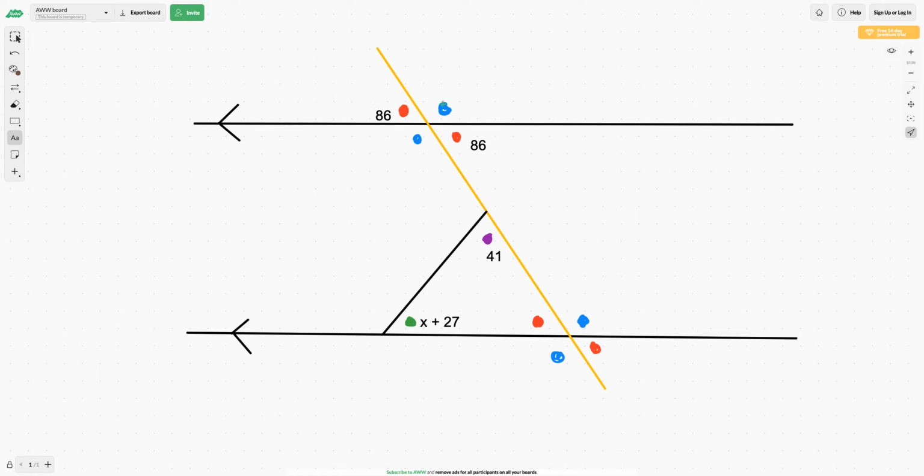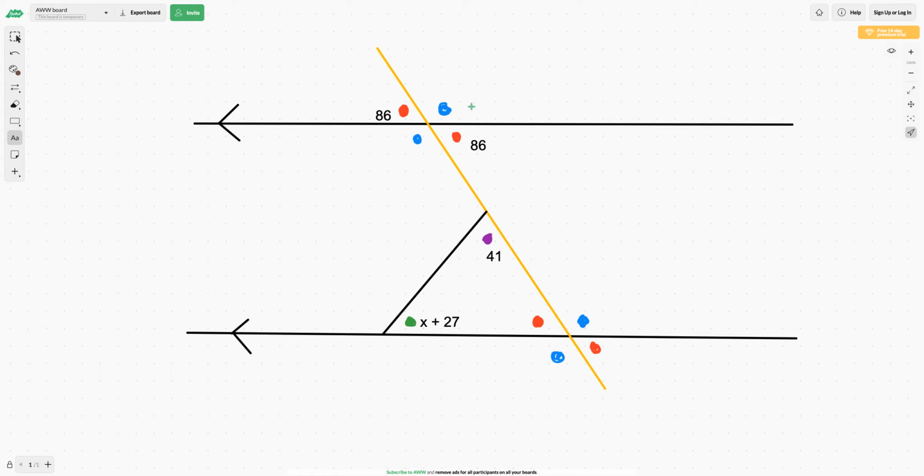And then for this angle right here, this angle and this angle are adjacent. When two angles are adjacent in this intersection, they form a linear pair. And angles in a linear pair are supplementary, which basically means they add up to 180.